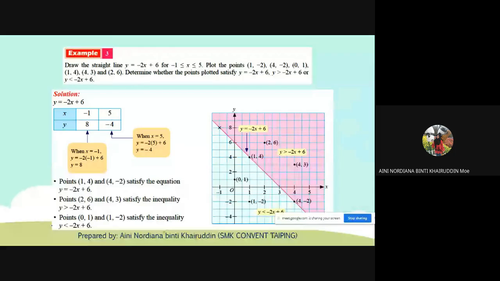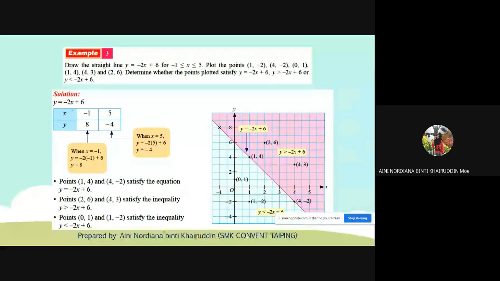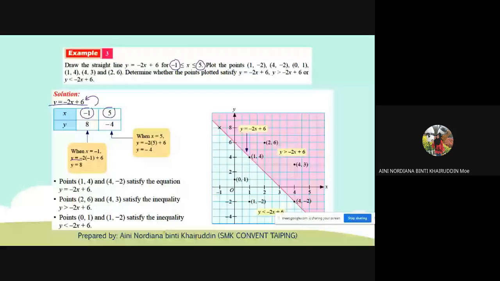So first, write the equation of the straight line. Draw a table. This is the value of x. The values of x are chosen from the question. Then substitute the value of x into this formula to get the value of y.